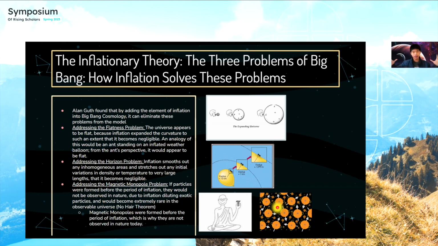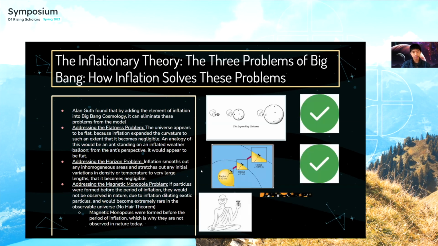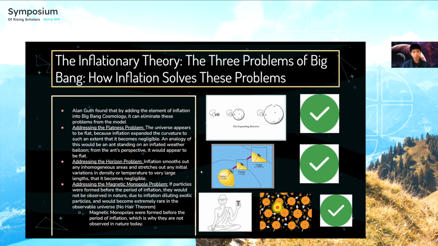If I expanded the balloon to such an extent, it would be extremely hard for me to find one of those marbles again. Analogous to that, magnetic monopoles were formed before the period of inflation, which is why they are not observed in nature today. So that is a check, and a check.